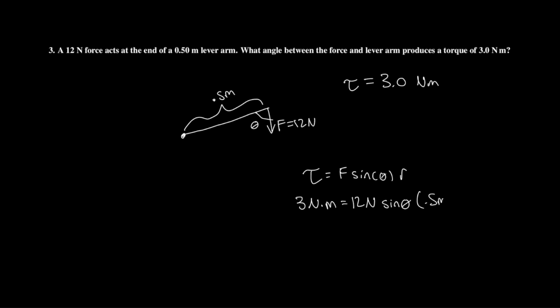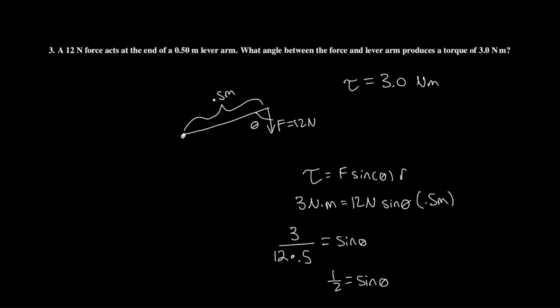And then we know that our radius here is 0.5 meters. Now I'm going to isolate for sine theta and get 3 over 12 times 0.5 equals sine theta. We can simplify the left side, and we will get 1 over 2 equals sine theta.